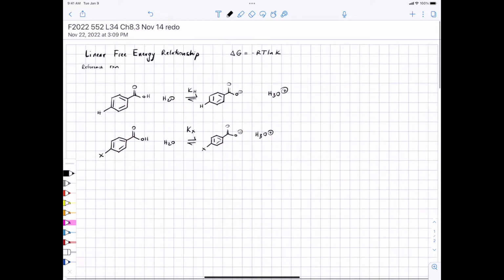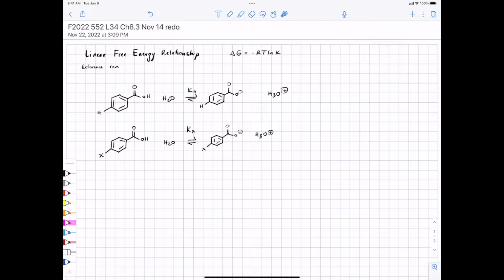And then we're going to compare those equilibrium constants. The hypothesis is that the substituent effect in changing from hydrogen to some substituent should have some linear impact on the free energy of these reactions, and that impact should be transferable to other situations.